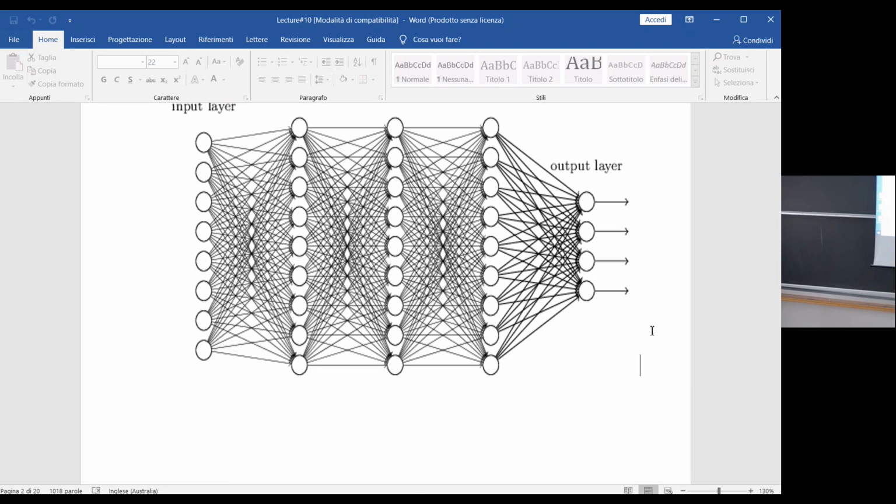So we should process the input flow and produce some output flow as near as possible to a good example.